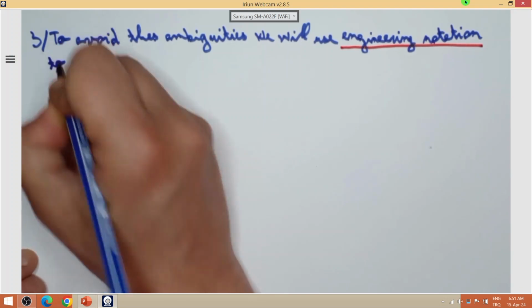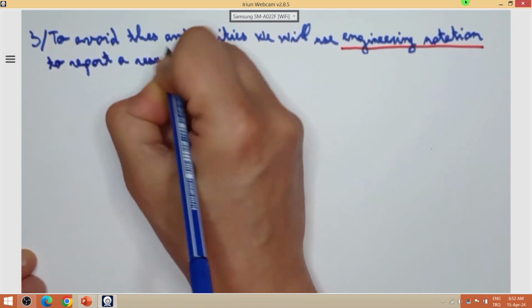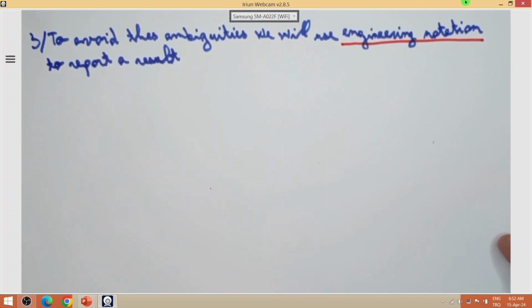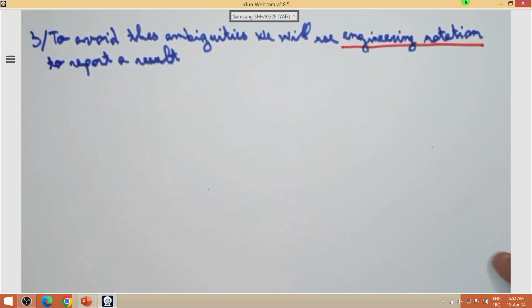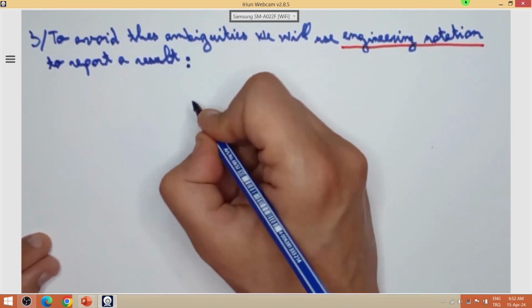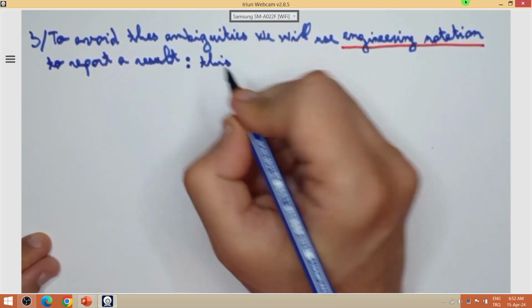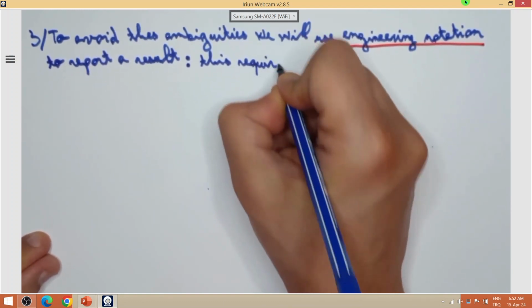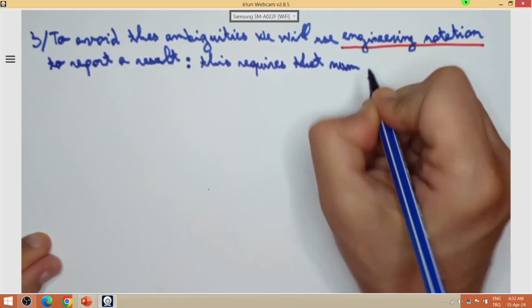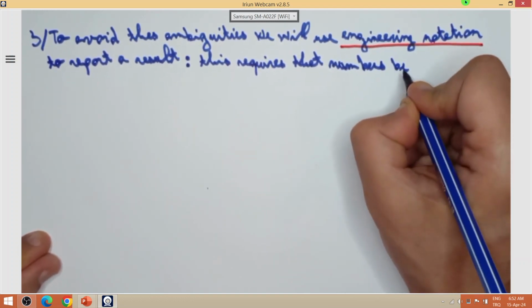To report a result. This requires that numbers be rounded off.